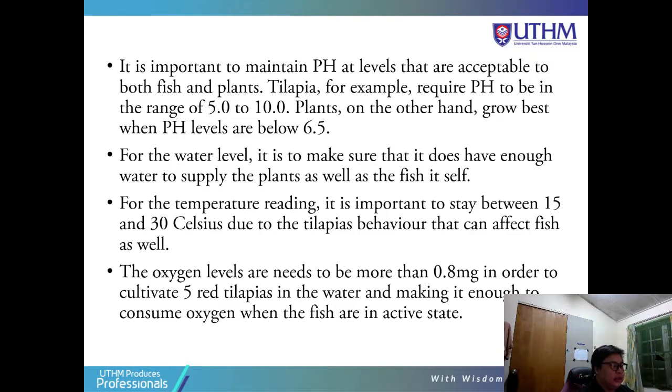And then right now I'm going to explain the flowchart. It is important to maintain pH levels acceptable to both fish and plants. Tilapia, for example, requires a pH in the range of 5 to 10, and for plants the pH level is actually best below 6.5.